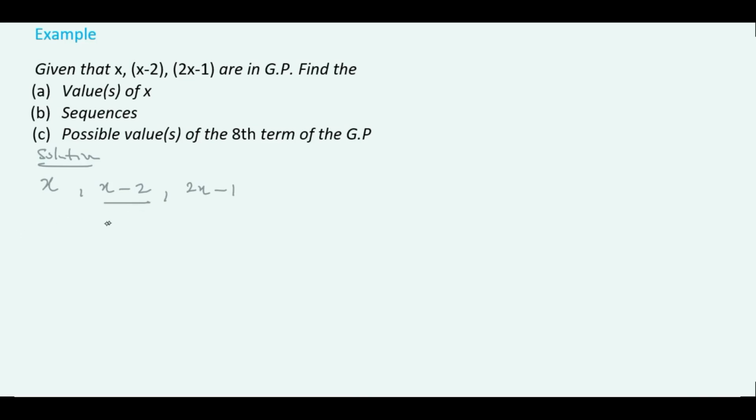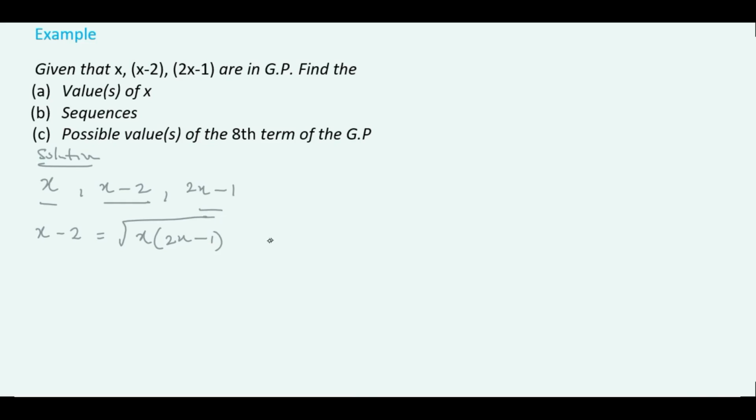We will realize that the middle one is the geometric mean, and that middle one will be equal to the square root of the multiplication of the first and third terms. So we have x times 2x minus 1.